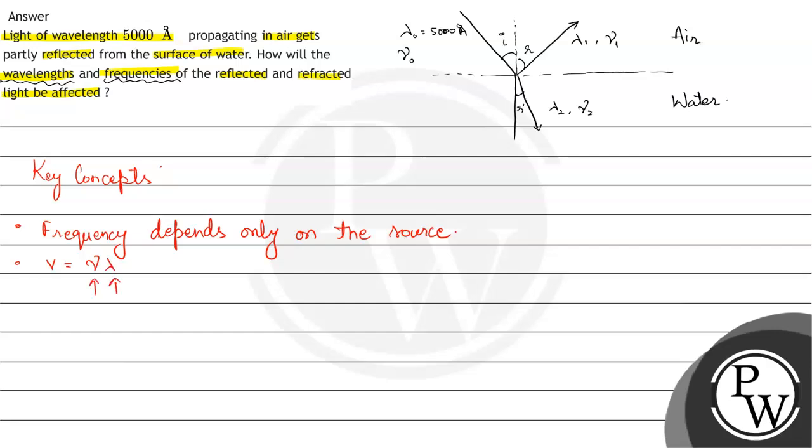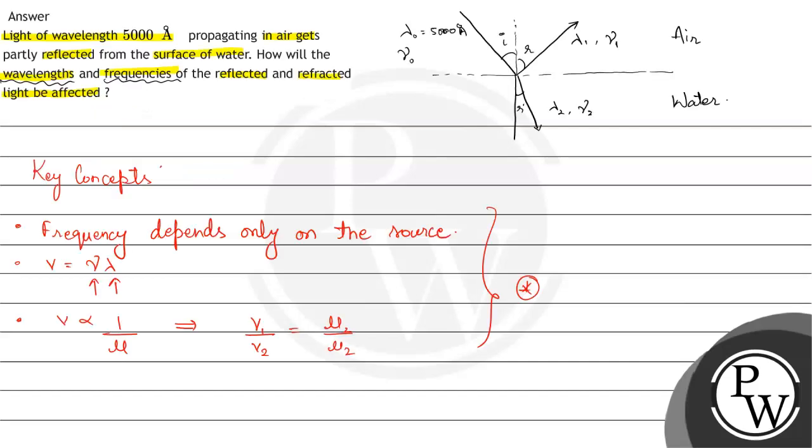And the third is that the velocity of light in a medium is inversely proportional to the refractive index of the medium. From here, we can imply that V1 upon V2, for two mediums, will be equal to mu2 upon mu1. Okay, so keeping these three key concepts in mind, we can proceed to our solution.